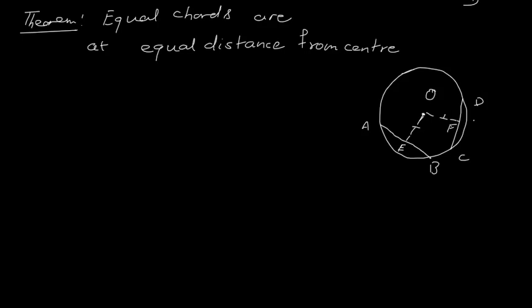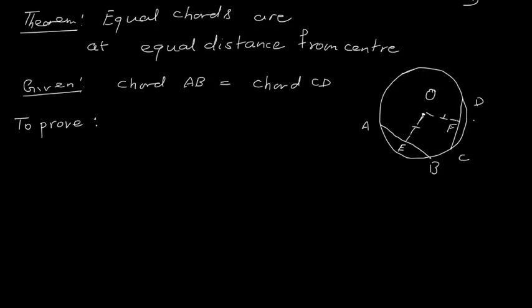So given: we have chord AB equal to chord CD, and we have to prove that OE is equal to OF.